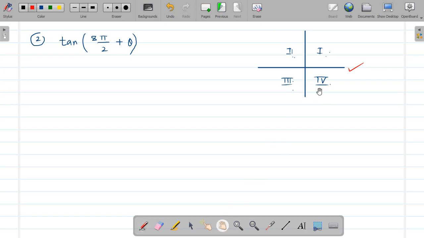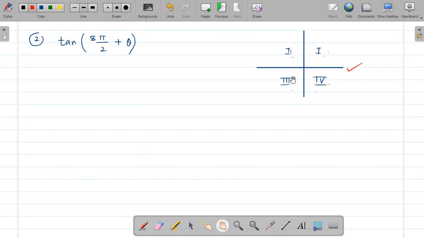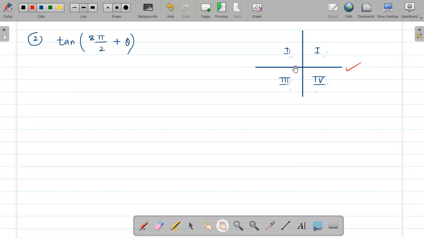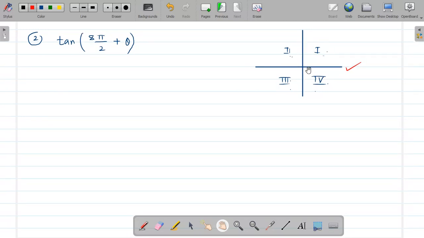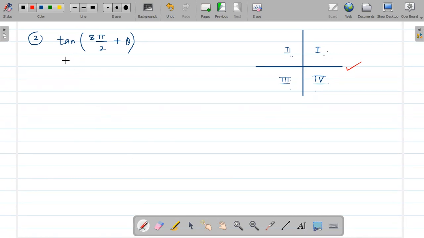Again I will repeat, 1 2 3 4 5 6 7 8. So 8 times pi by 2 is completed here, plus theta. Plus theta means it will lie in which quadrant? The angle lies in the first quadrant.